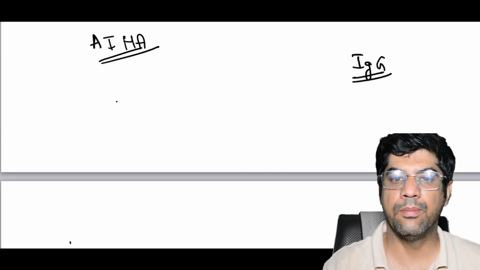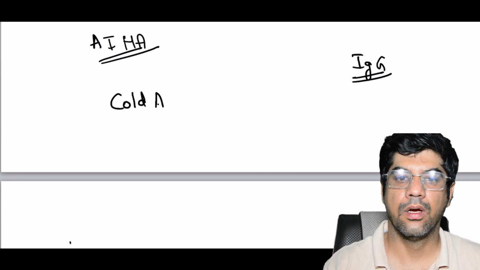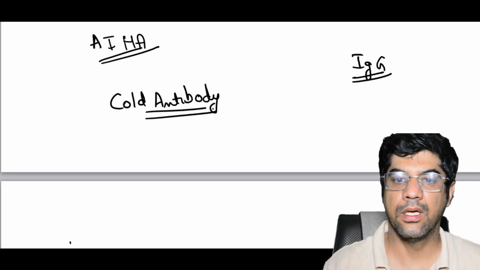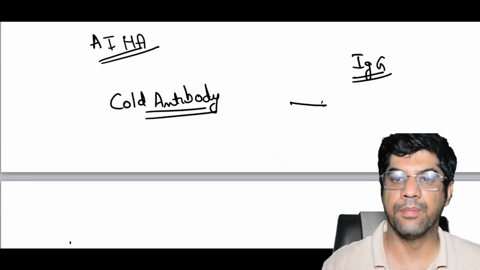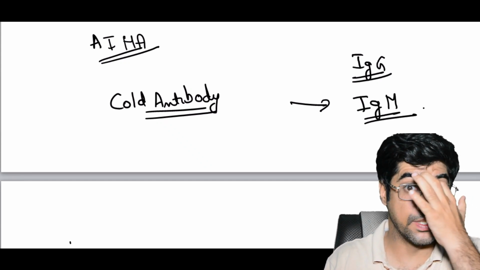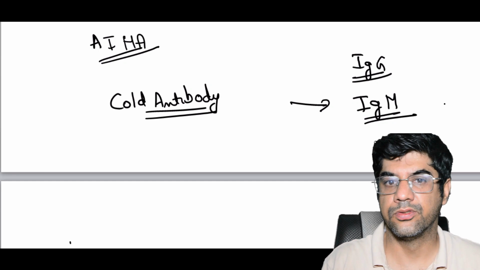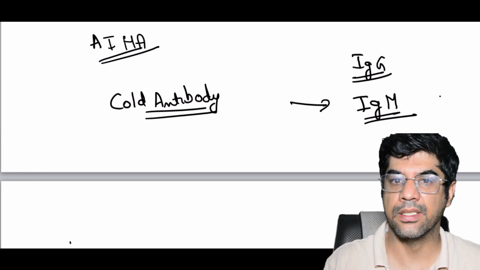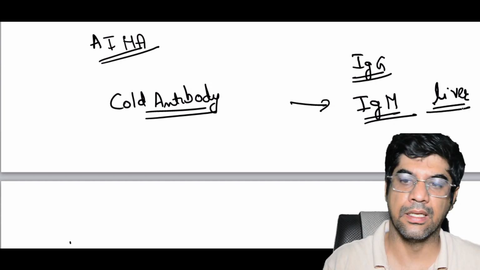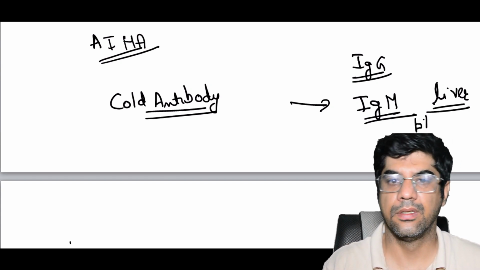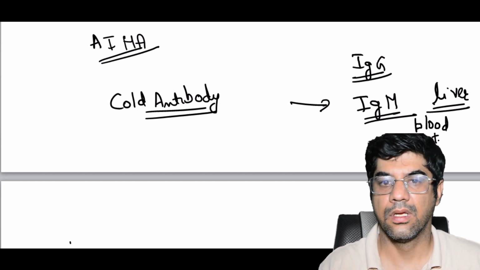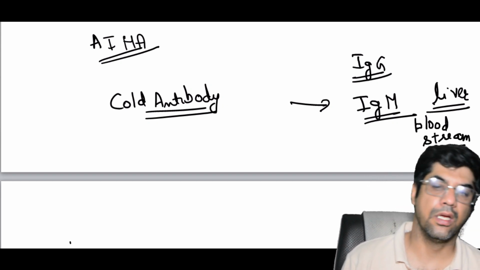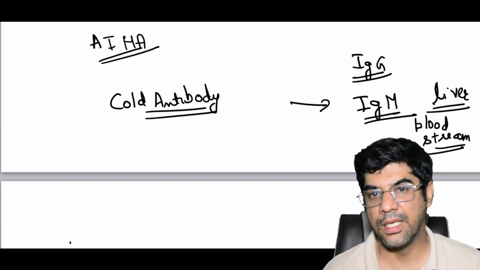Other is cold antibody autoimmune hemolytic anemia, that is caused by IgM antibody that reacts at cooler temperature. So RBC are destroyed in the liver and in the bloodstream. Other could be drug induced immunohemolytic anemia.